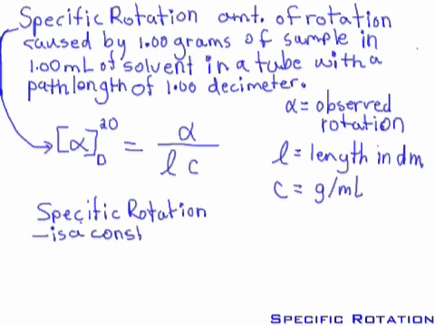So while observed rotations can change because of path length, because of C, at constant temperature in a sodium D line, specific rotation is a constant for a specific enantiomer.